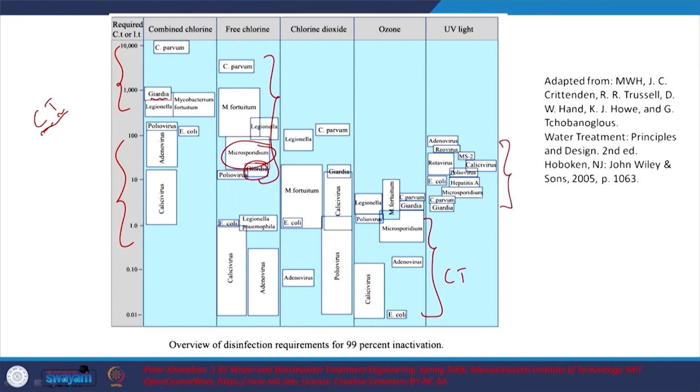This is an advantage, because to kill a range of pathogens I need not spend a lot of time, meaning a lot of resources and space, but can do this within a smaller time, and that will also affect the size of the system. But one aspect when we are designing small reactors is that it is easy for the water to bypass the relevant treatment path and be short circuited from influent to the effluent, meaning it does not spend enough time in the reactor.